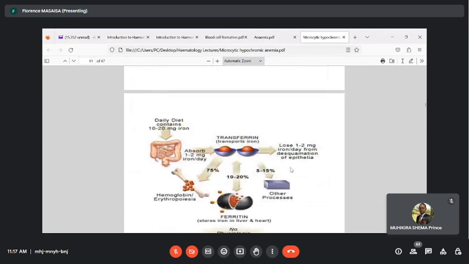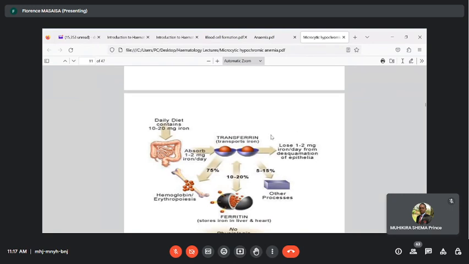And from the absorption from the diet, we get only 1 to 2 milligrams. 75% will go to erythropoiesis. 10 to 20% will go to ferritin as a reserve storage. Then 5 to 15% will go to other processes.